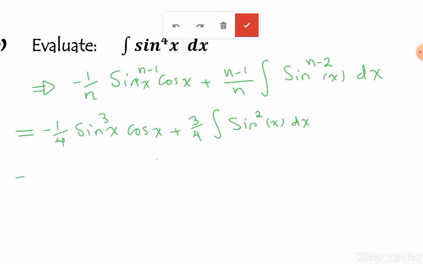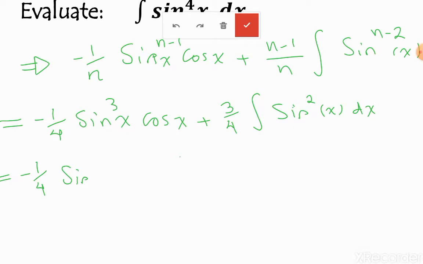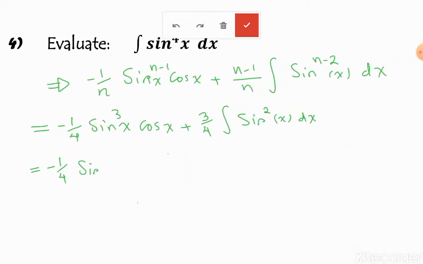The first part stays the same, which is negative 1 over 4 sine cubed x cosine x, plus, and then integrate this part, 3 over 4.